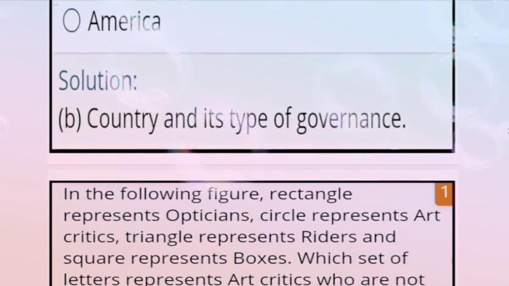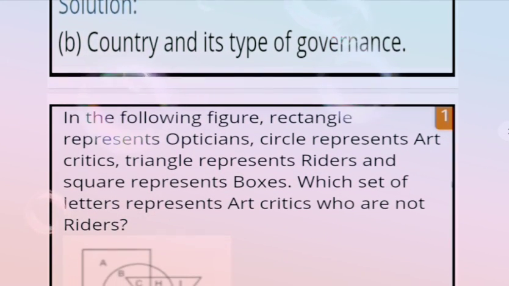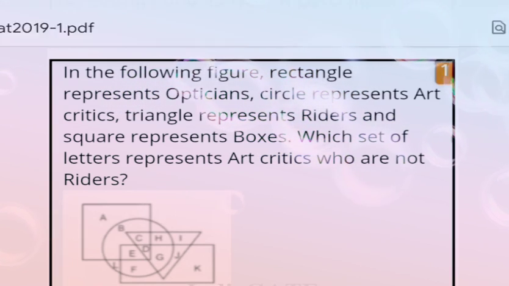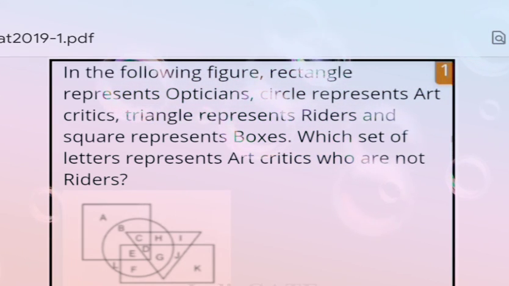Next question: in the following figure, the rectangle represents opticians, the circle represents art critics, the triangle represents riders, and the square represents boxers. Which set of the letters represents art critics who are not riders?